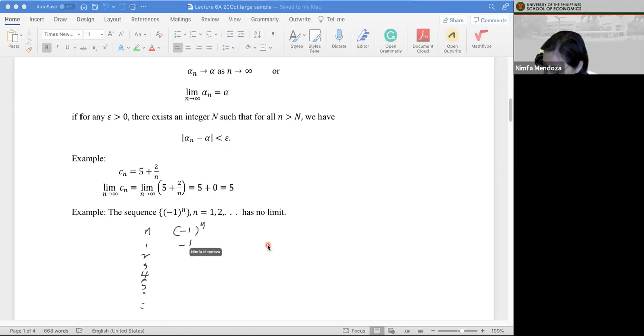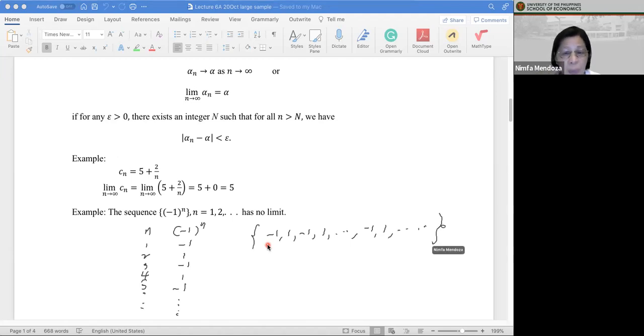So this is minus 1, 1, minus 1, 1, minus 1, and so on. So the sequence just flips from minus 1, 1, minus 1, 1, and so on. And note that this sequence has no limit.